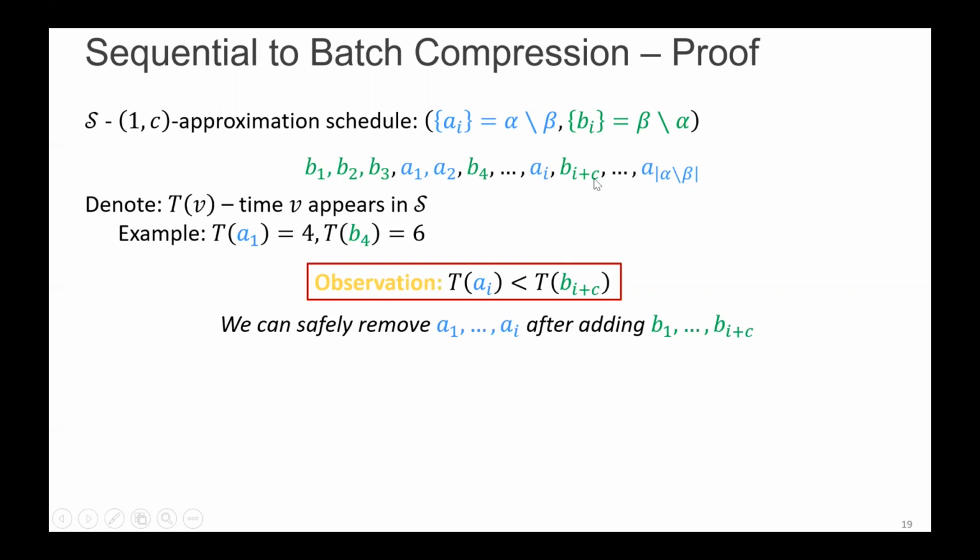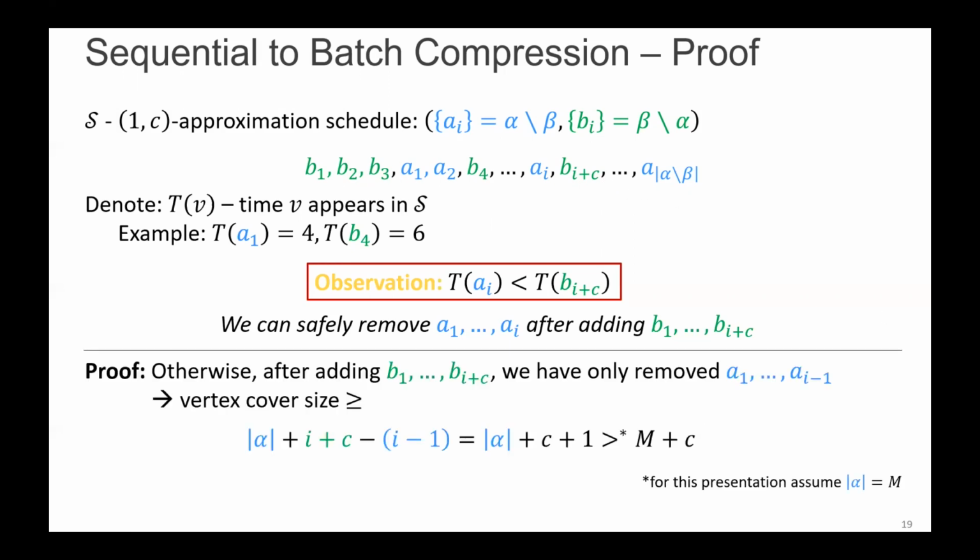And this basically just means that if we've added B1 until B_{i+c}, we can safely remove A1 to A_i without getting any problems with uncovered and not monitored edges, because the same happens in the original schedule. This is all this means.